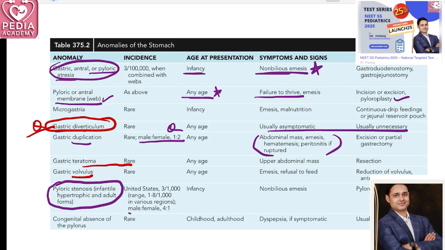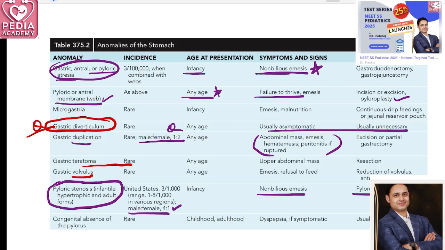And the male to female ratio is 4 to 1. So gastric duplication is more prevalent in females, but hypertrophic pyloric stenosis is more prevalent in males. Again, it will cause non-bilious vomiting, and pyloromyotomy is the treatment of choice.